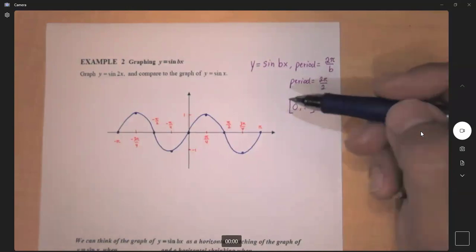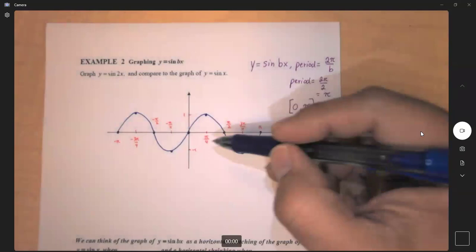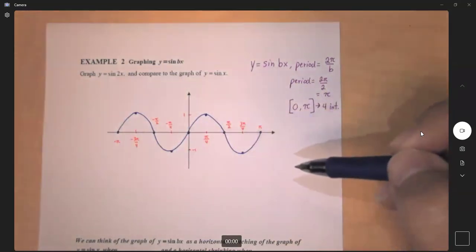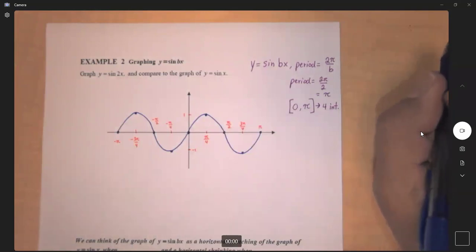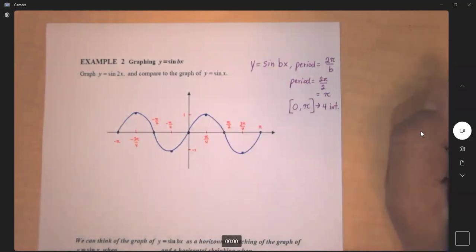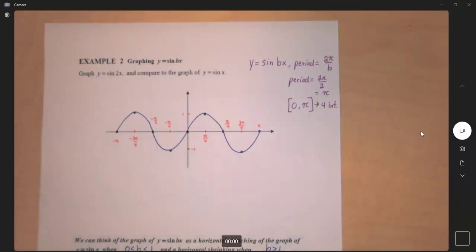But now again, this one has a different period. The period is pi, so you translate to 4 different intervals, and you continue to graph it. We can think of the graph of y equals sine bx as a horizontal stretching of the graph of y equals sine x when b is between 0 and 1, and a horizontal shrinking when b is greater than 1.